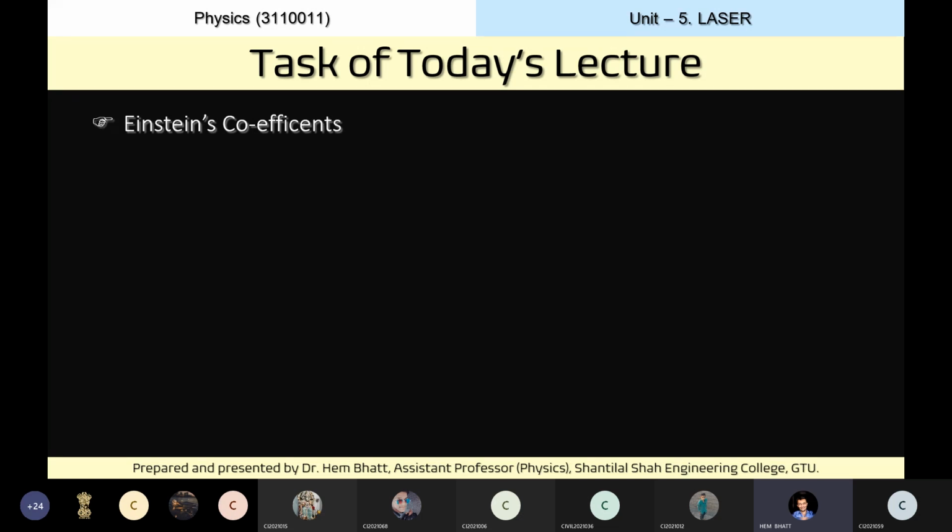Laser उत्पन्न करवानी शरत कई? What is the condition to produce laser? So for that, again, let us have a look at the full form of laser.